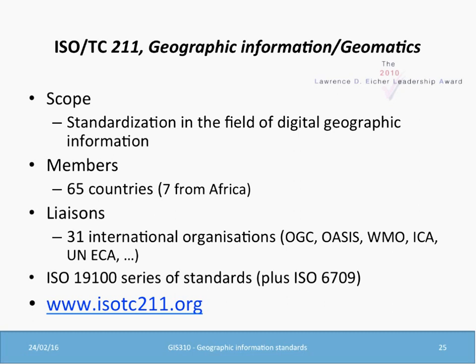Their scope is to look at standardization in the field of digital geographic information. Member countries, there are 65 members at the moment and 7 from Africa. Members are also divided into different categories. You have participating members, of which South Africa is one. That means you have a vote. You can be a project leader, you can be an expert, etc.